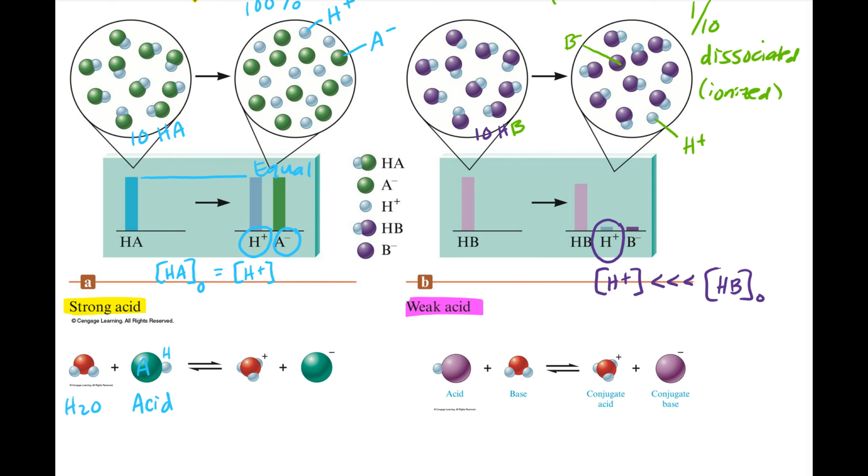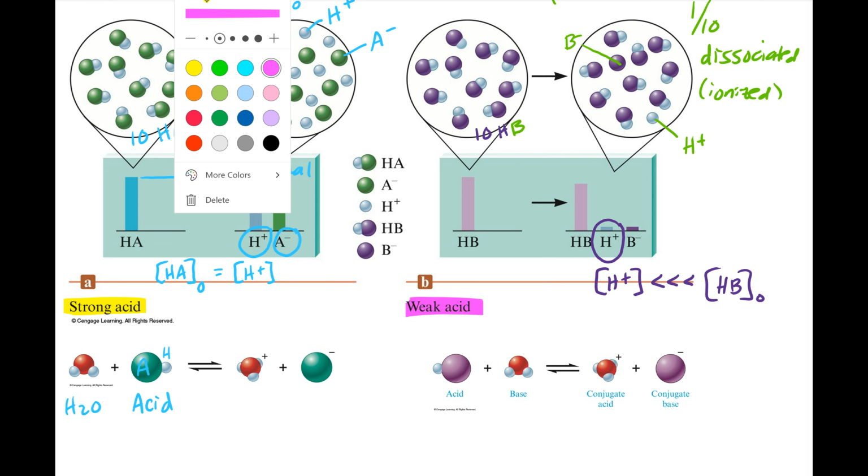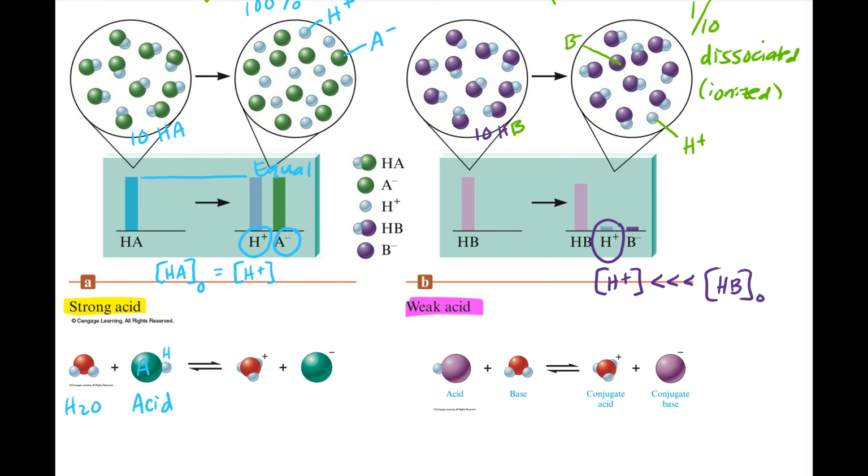That acid is going to give away its hydrogen ion. Okay, that's what makes it an acid. Remember that Bronsted-Lowry definition. Okay, it donates that hydrogen, and that hydrogen joins the water, and so the water turns into H3O positive.